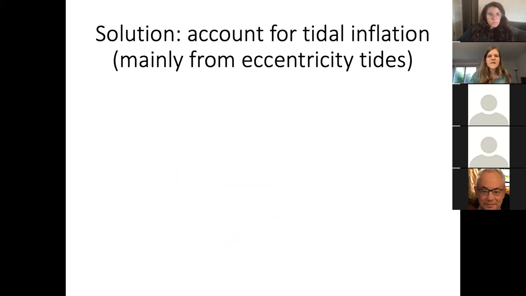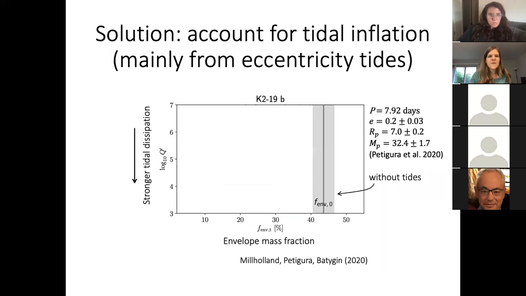So I want to illustrate this quickly with an example for K2-19b, which is a short period planet on about an 8-day orbital period with an observed eccentricity of about 0.2. And when standard core-envelope structural models were used that ignored tidal heating, it was inferred that the envelope mass fraction was in the range of 40 to 50%, so pretty close to this 50% runaway threshold.